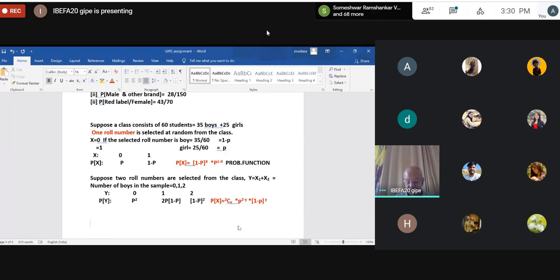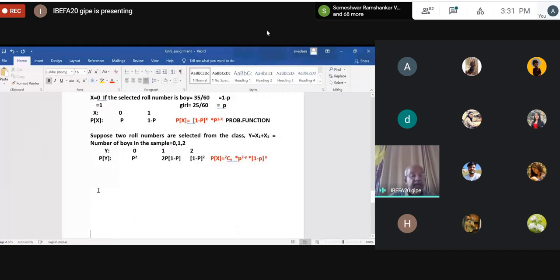In general, if I select a random sample of n roll numbers, so now my y will be x1 plus x2 plus etc. plus xn.